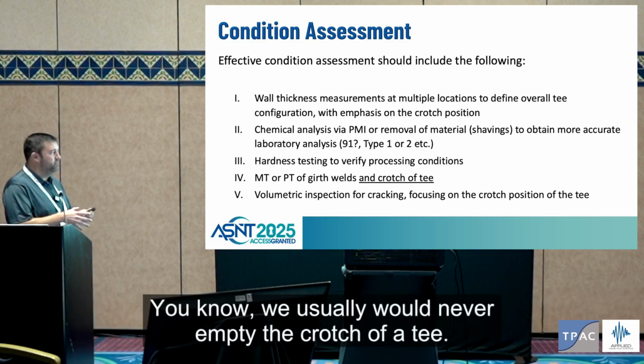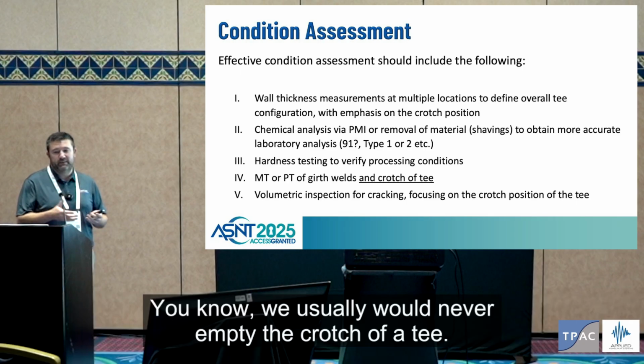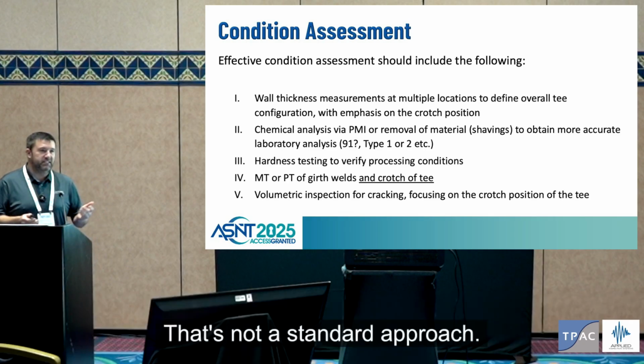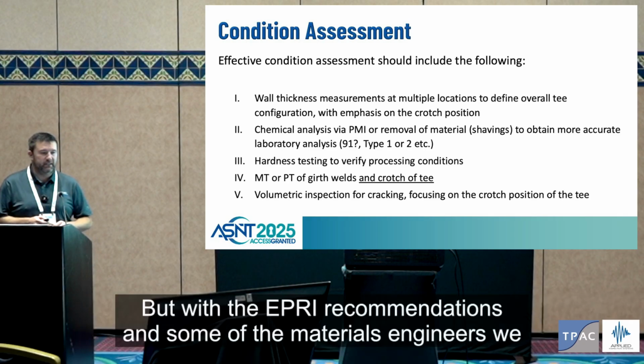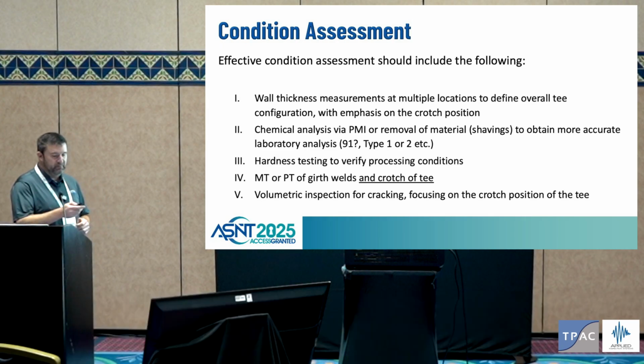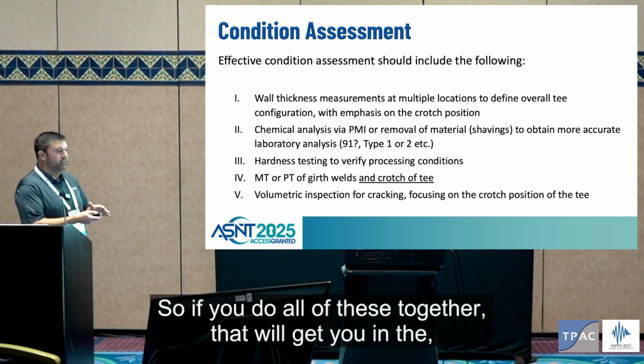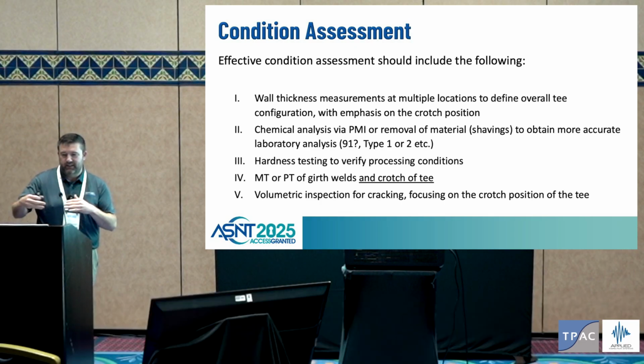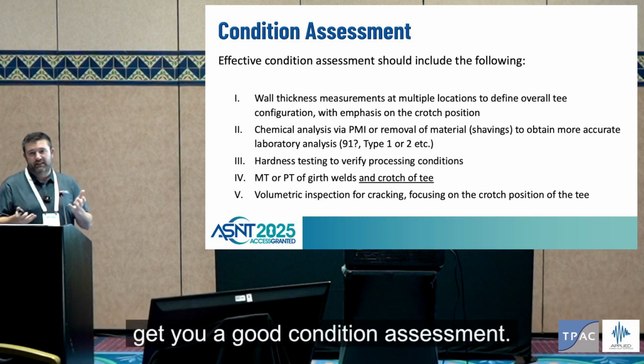And that was the difference. We usually would never MT the crotch of a T. That's not a standard approach. But with the EPRI recommendations and some of the materials engineers we work with, that's the inspection approach we took. So if you do all of these together, that will get you a good condition assessment.